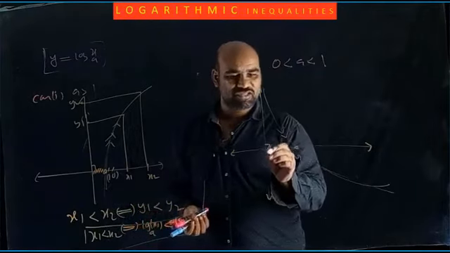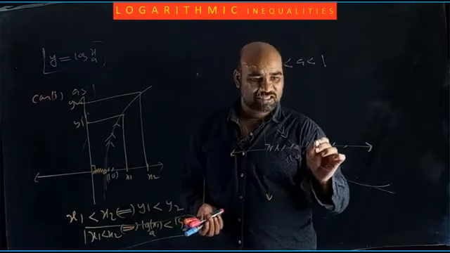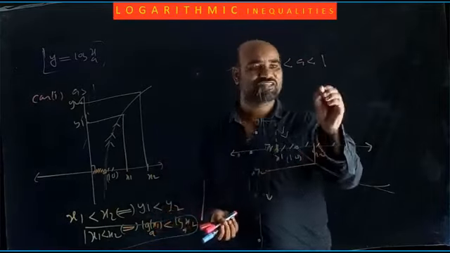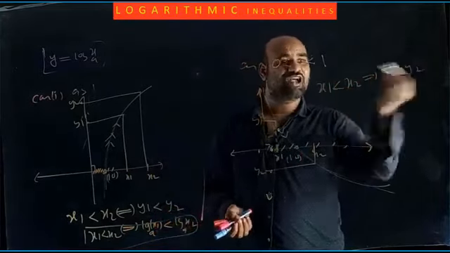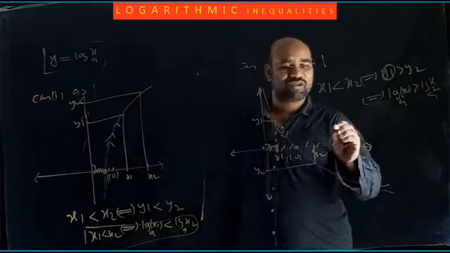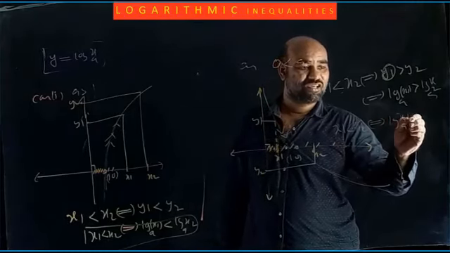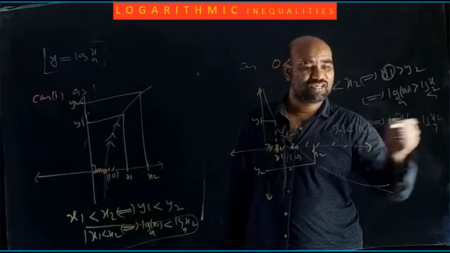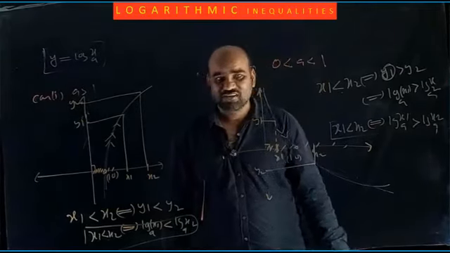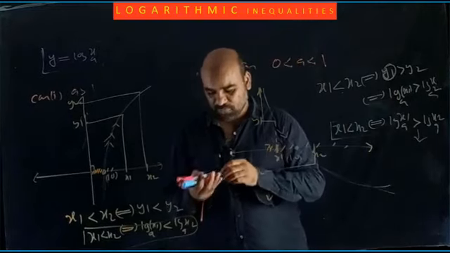For these x values y is positive, for these x values y is negative. x1 lesser than x2 implies log of x1 base a is greater than log of x2 base a. Means x1 is less than x2, applying log on both sides with base a, the inequality will alter if your base is from 0 to 1.